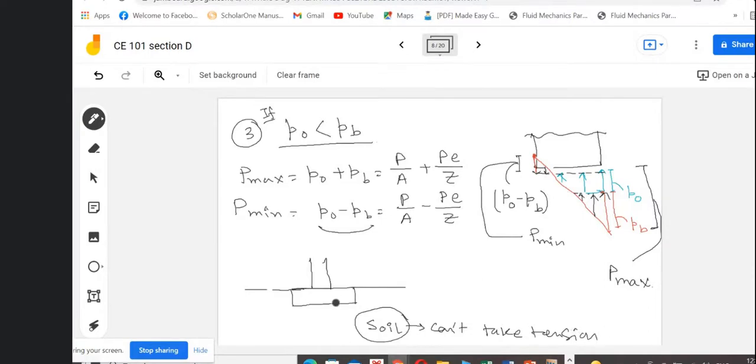So whenever the stresses are getting generated like this, some tension is happening here, and the soil cannot take that stress. That is very dangerous for the whole structure, and due to that, several cracks can come up in the structure.